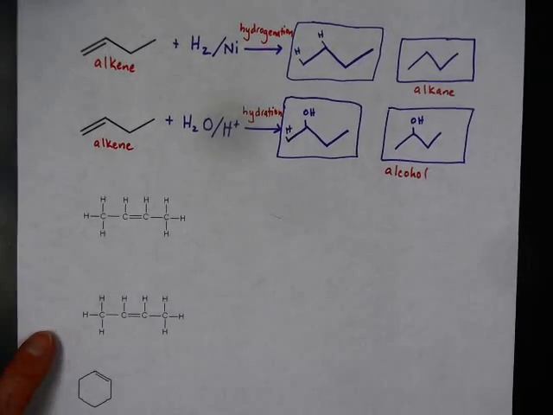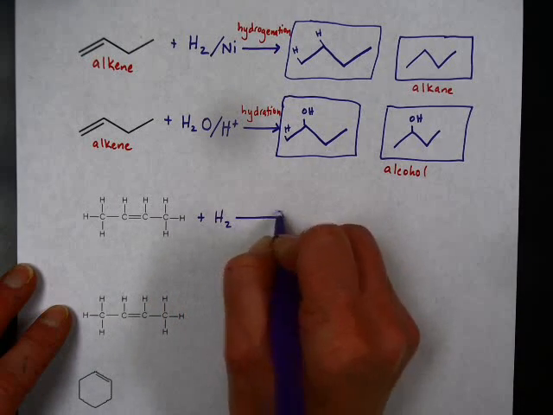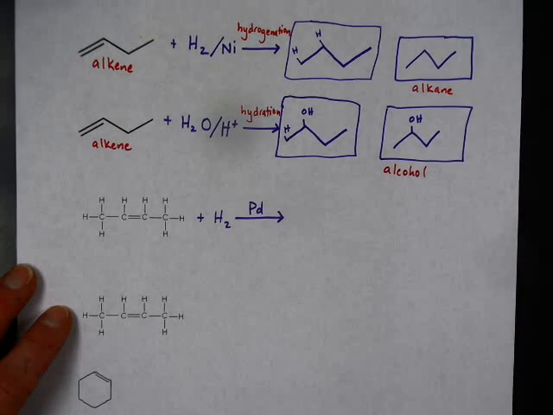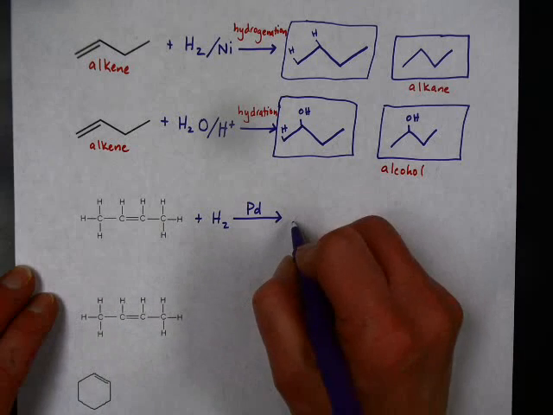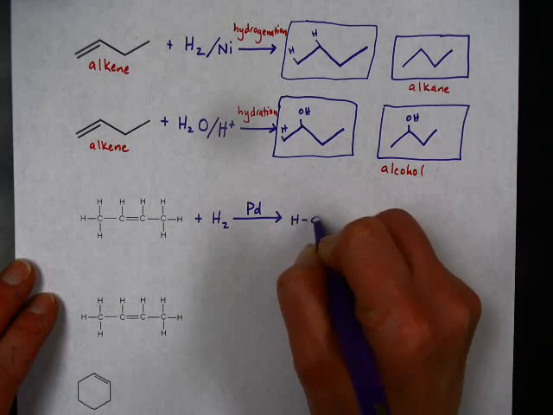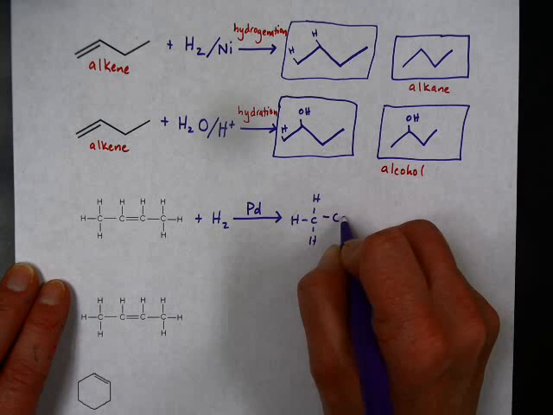Okay, let's do these other examples. What if I say this? Complete this reaction. You would say alkene. What will happen is the double bond will turn into a single bond. Nothing else will change. And I'll use the same notation that we had for the reactant. This used to be a double bond.